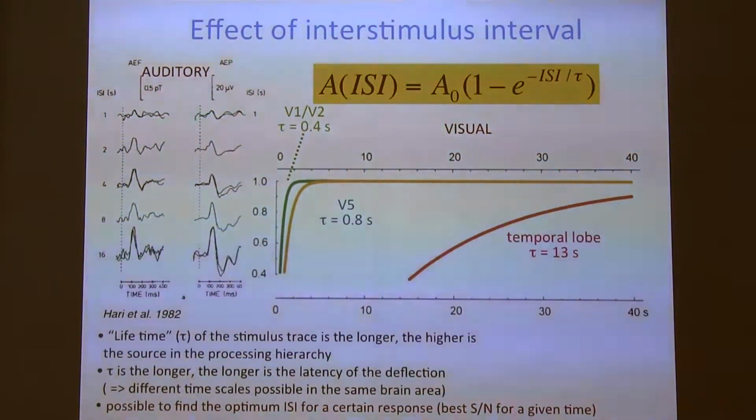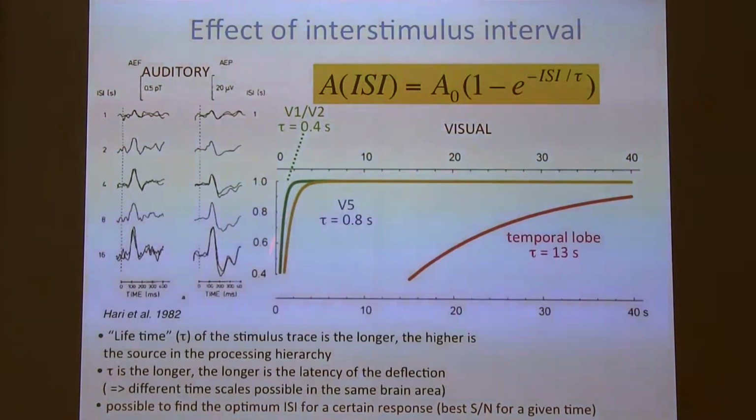In EEG responses, there are very clear changes also in the peak latencies. I don't think the phase in this type of case would be the best thing to look at, but it's better to look at the latencies of these different parts of the response. And of course it's also possible, for example, for clinical purposes.